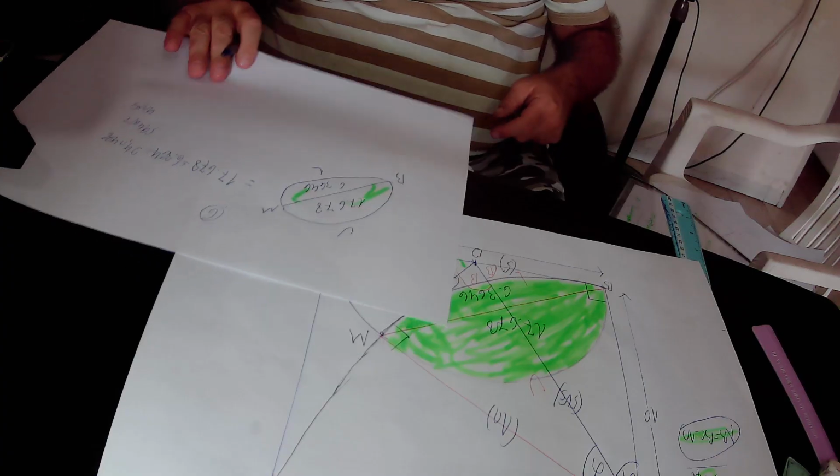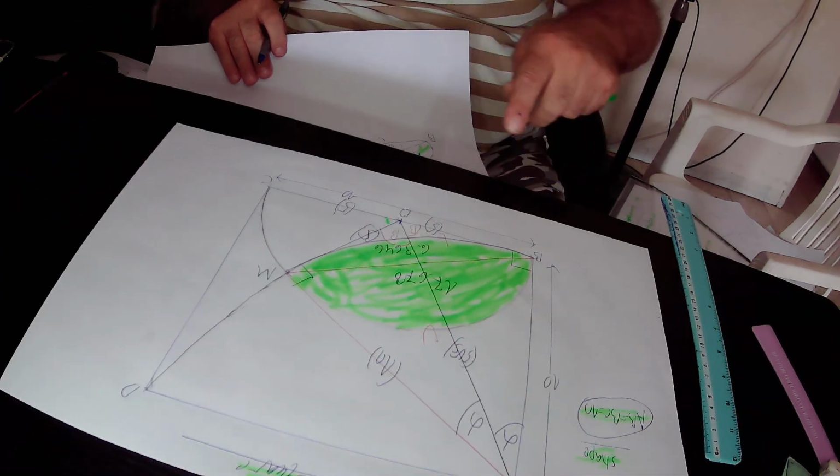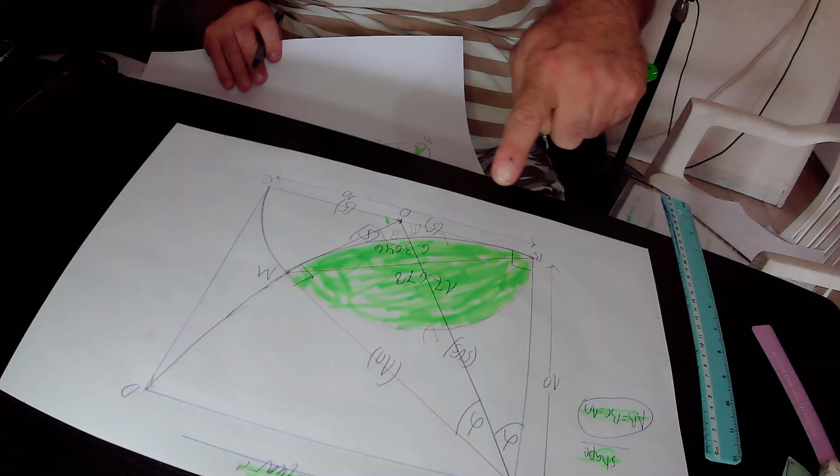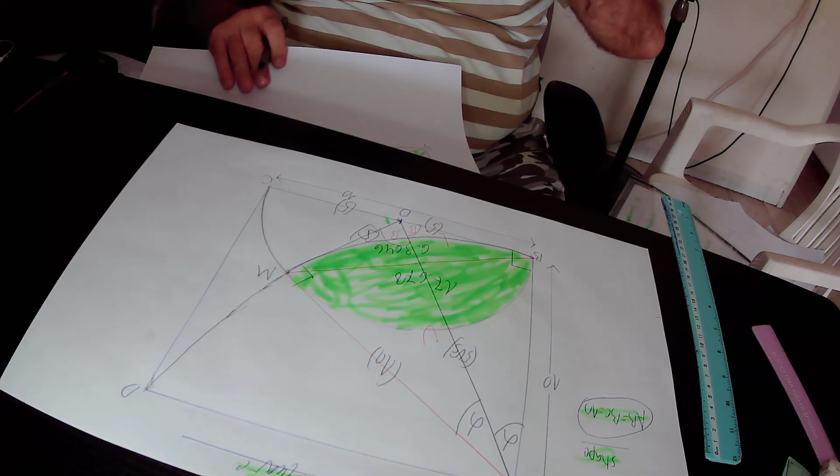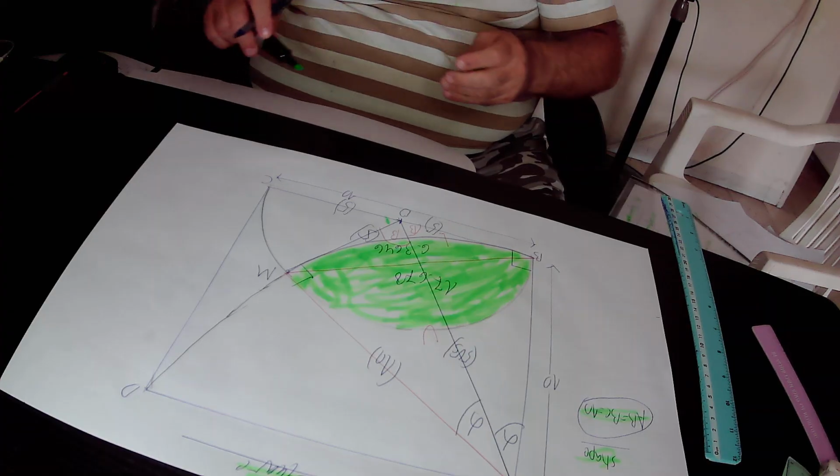And again, we found out that the area we are looking for in this question, the area of this green shape, in total is equal to 24.0426 square units in size.